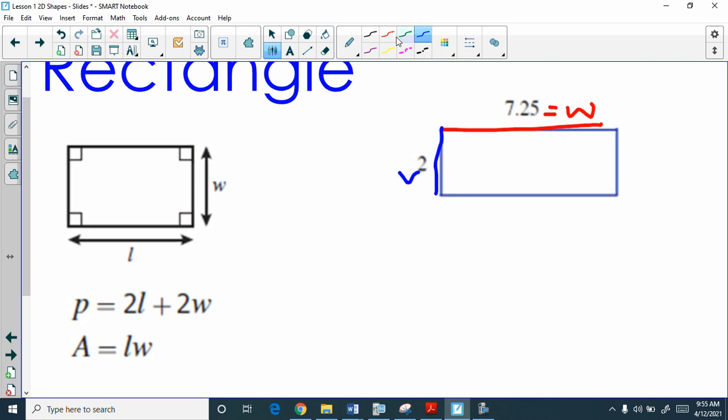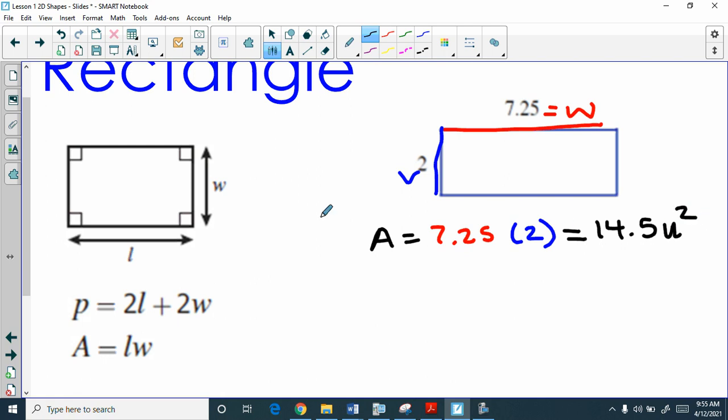So to find area, it's just going to be 7.25 times 2, which will give us a value of 14.5. And then they didn't give us a unit, so we're just going to put a u squared.